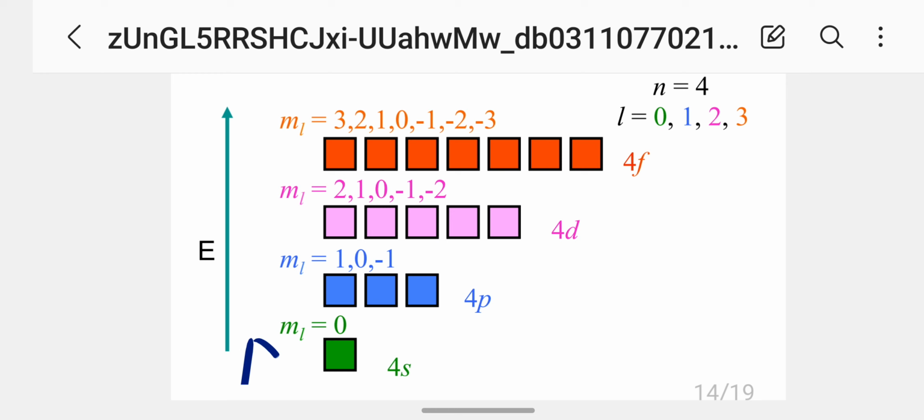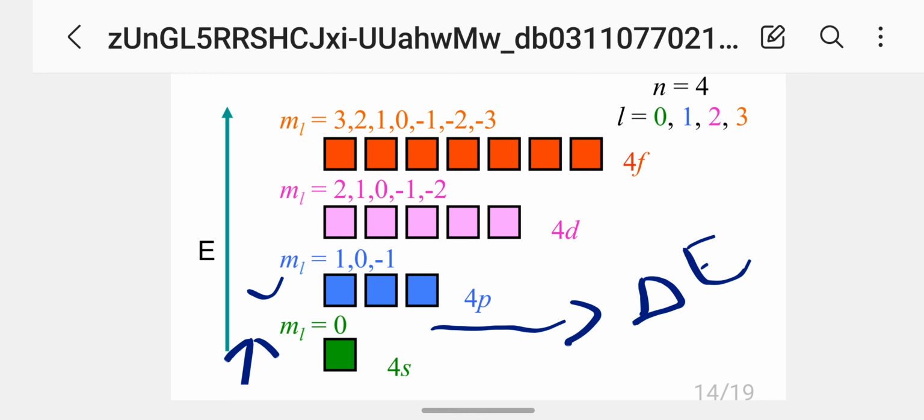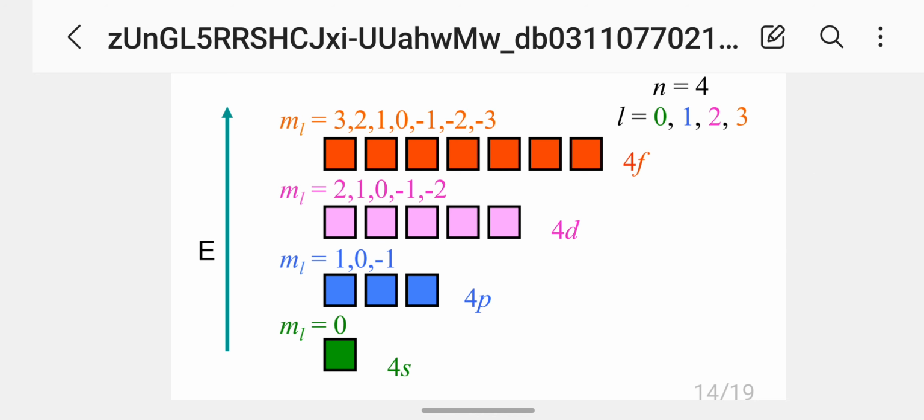From here to here we have the energy difference, which will have a positive value. Then from here to there, which is also a positive difference in energy.